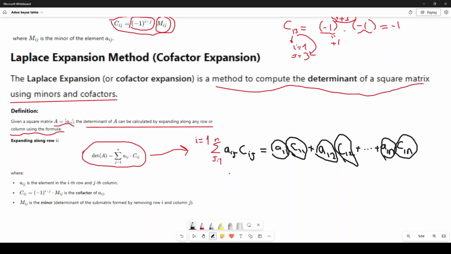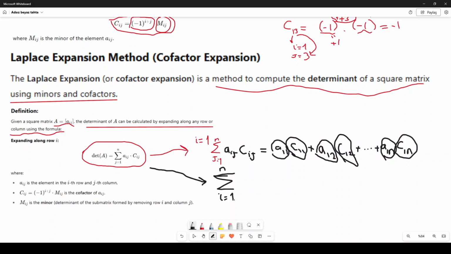And if I want to do the same thing for the columns, in other words, if I want to expand along column j, then what would be changing? Only the index would be changed, right? Because this time we expand with respect to a column, what is changing is the number of rows.